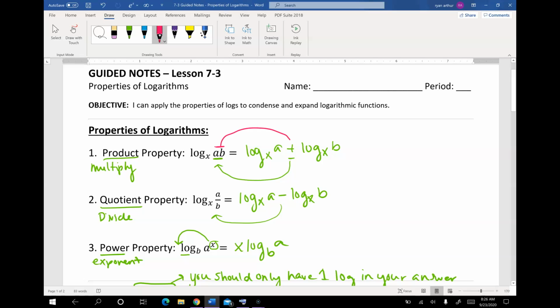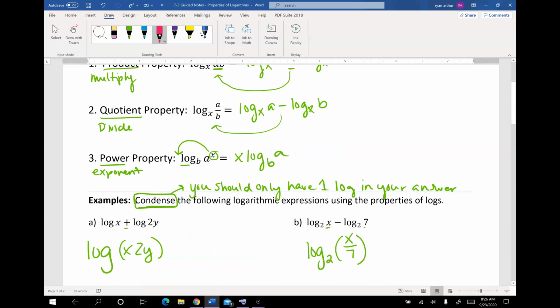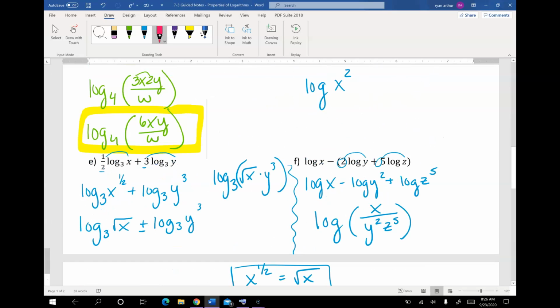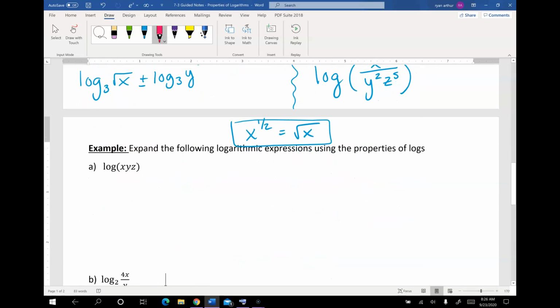So we're going the opposite way now. I'm going to say log of x plus log of y plus log of z. And that's your answer, guys. I know I just blew your mind how easy that was.